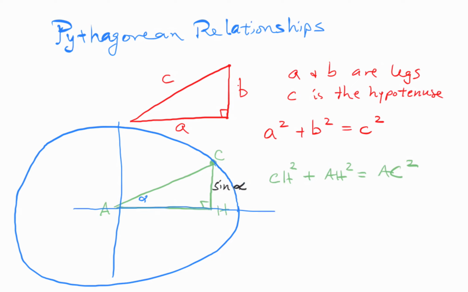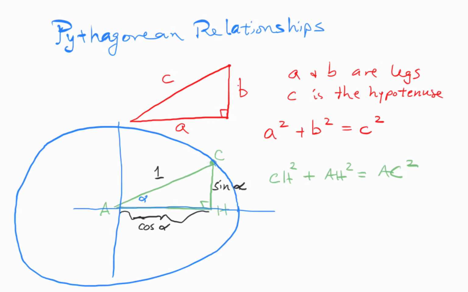And when I say unit circle, I mean the radius is 1. So AC is 1. And AH, this distance here, is the cosine of alpha. It's also the same as this chord that I drew right there, but I'm drawing it to make a right triangle. So let me not draw it right there.